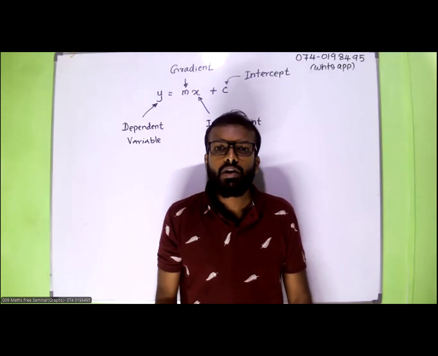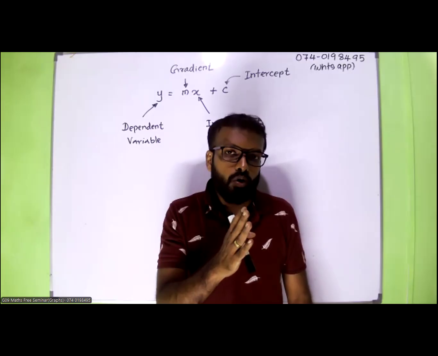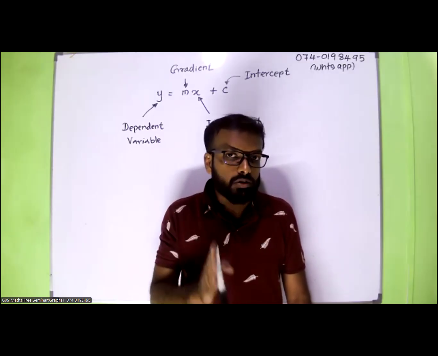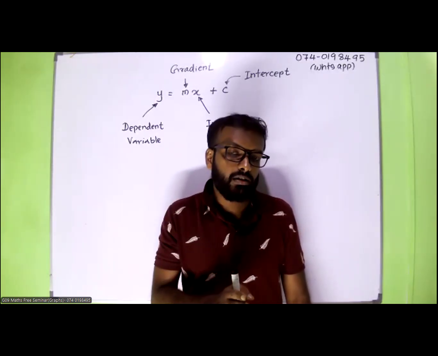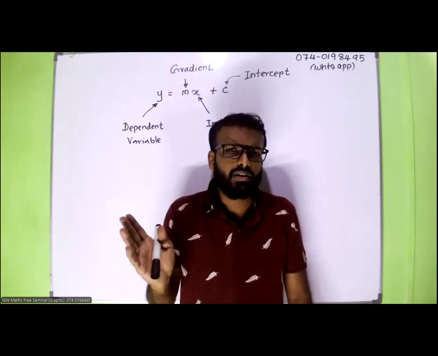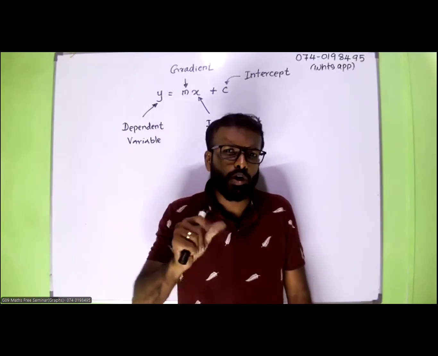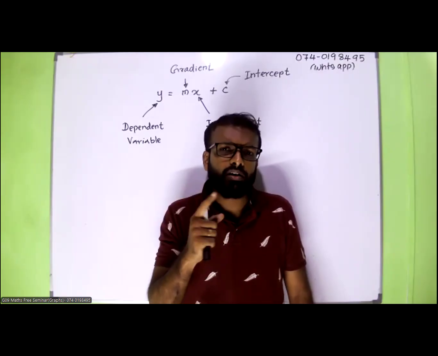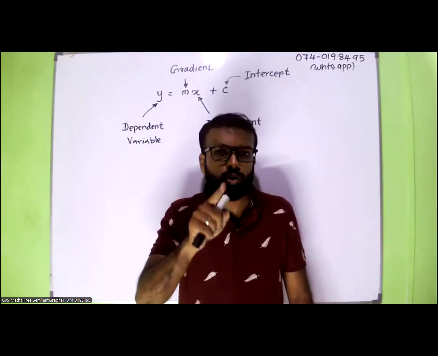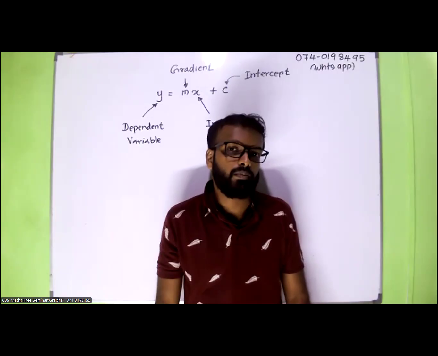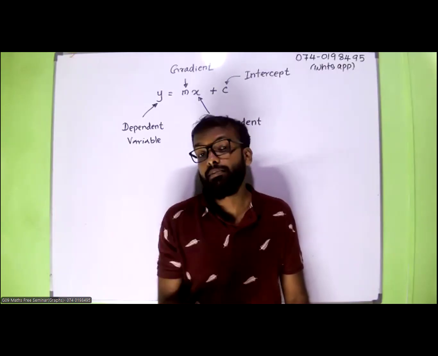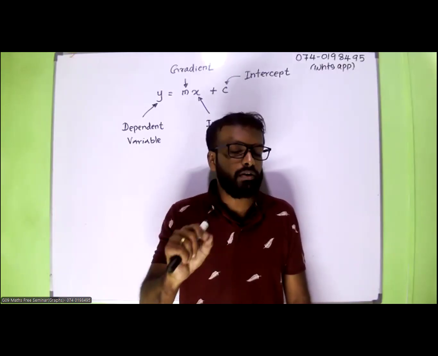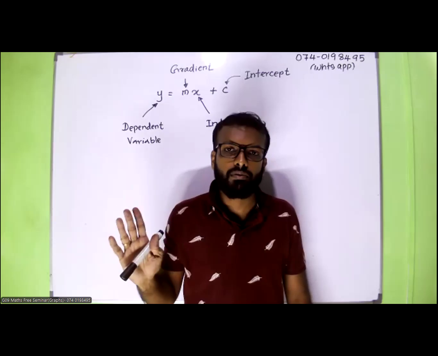Very easy. By looking at the point where the graph and the y-axis intersect, you can say this is c. You can identify it directly by looking at the graph.